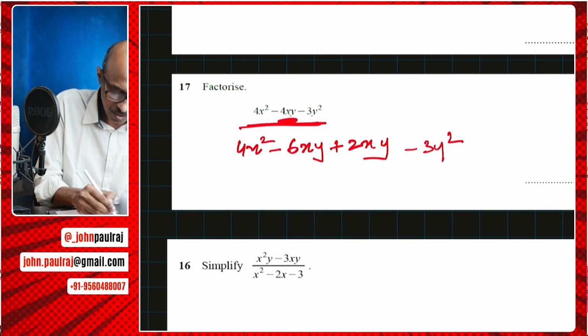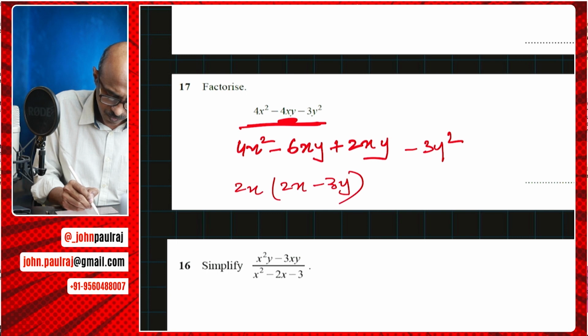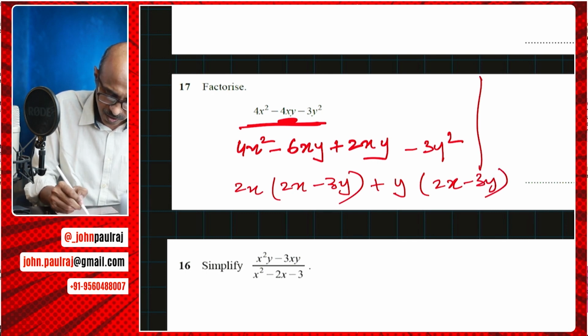We can just factor it out. So this is going to be 2x and 2x minus 3y. And then what do we have here? We can write plus y and 2x minus 3y. All right. So the factors would then be, just draw a line here, 2x plus y and 2x minus 3y.